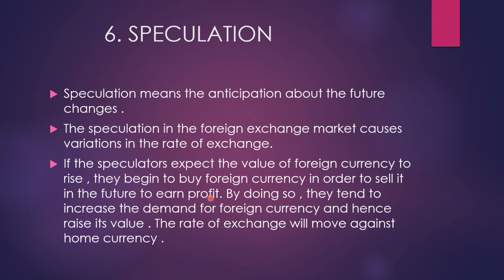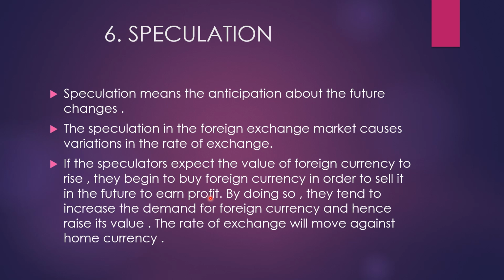So in order to earn the profit from this fluctuation, right now they will buy the dollars because they are at a cheaper rate in comparison to the future. And they will wait for the time when the dollar gets expensive and then they will sell it.